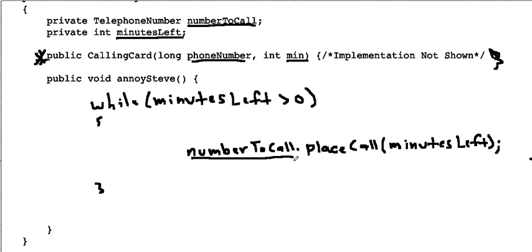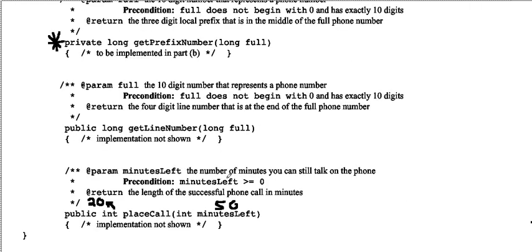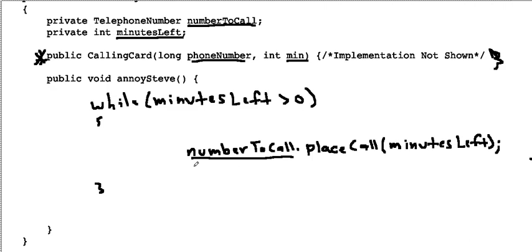Now, one important thing to remember is that this method returns something. So let me go back to the first page again. What it returns is the length of the successful phone call in minutes. So I'll make a variable here called int used and assign that to the result of calling this method.